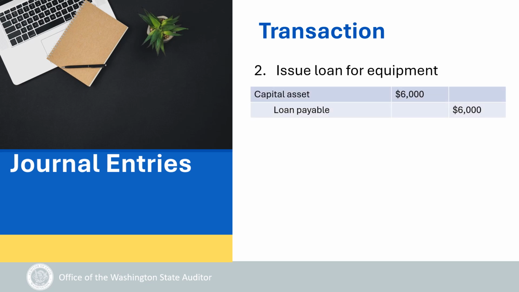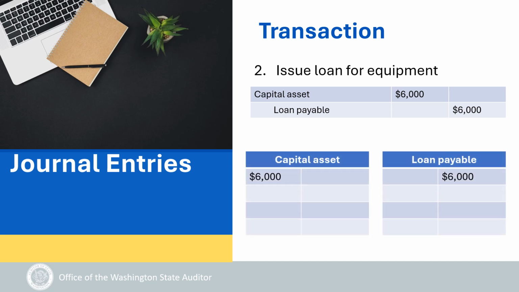This journal entry debits capital asset and credits loan payable. So notice the debits equal the credits, which must be true for all journal entries. Our next step is to fill in our T accounts. Capital asset was debited, so we use the left column, and loans payable was credited, so we use the right column.